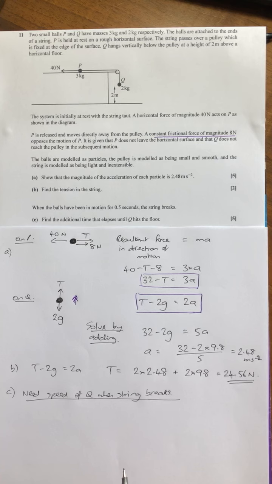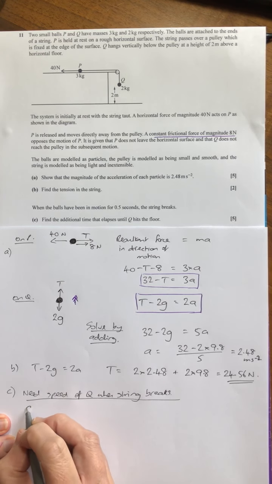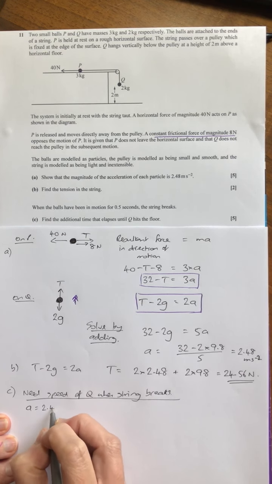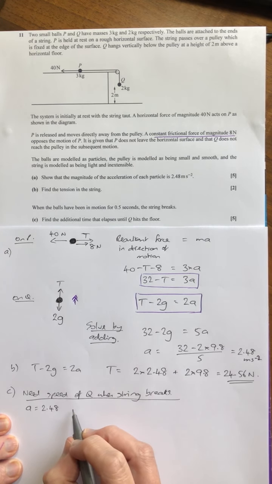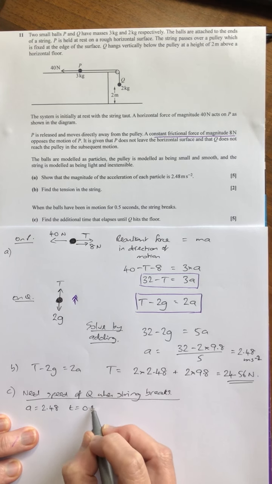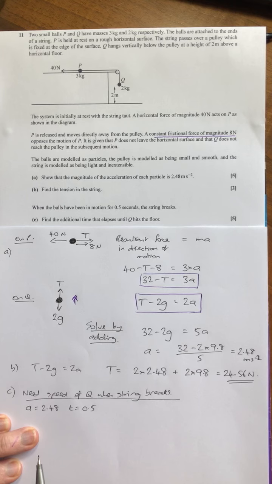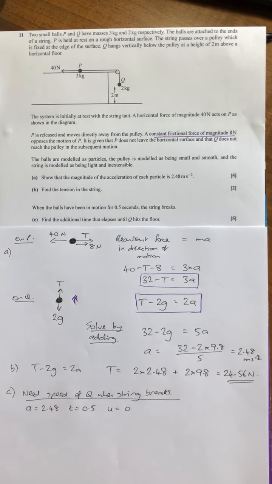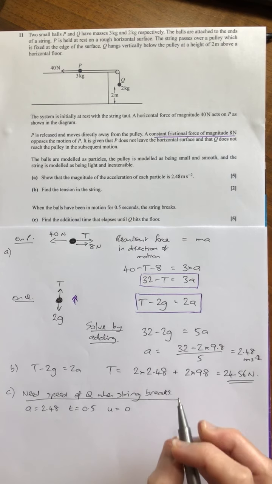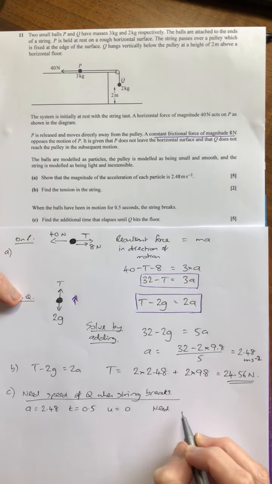I know that my acceleration is equal to 2.48. I know that the time is equal to 0.5. I know that initially the speed of u was equal to 0. I need to find v.